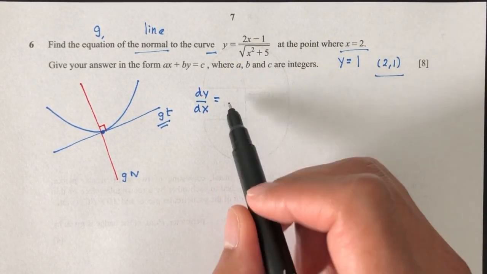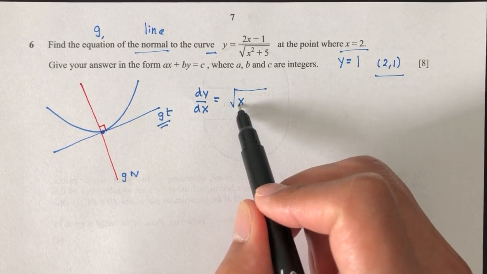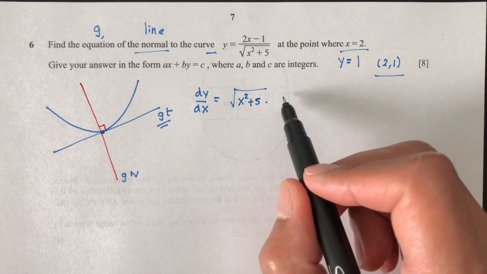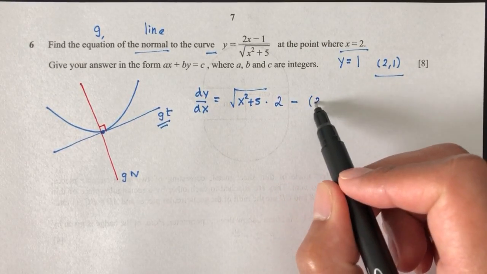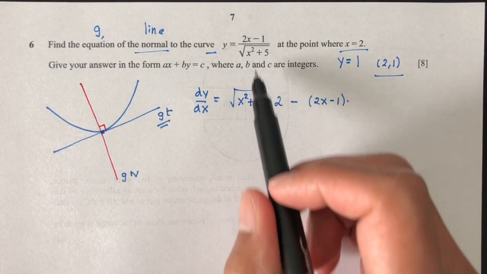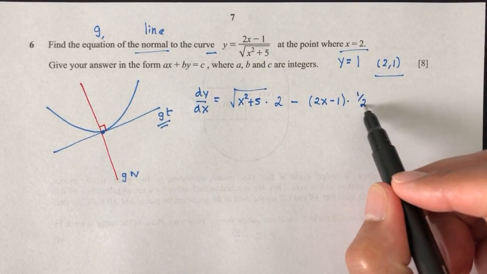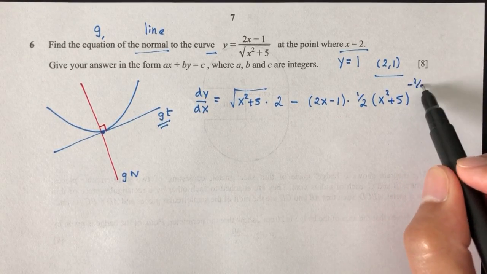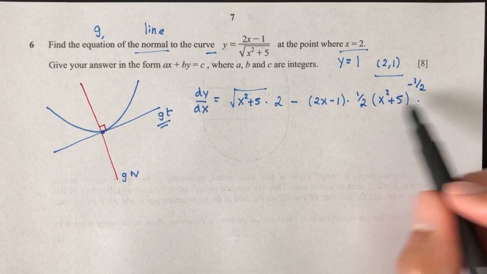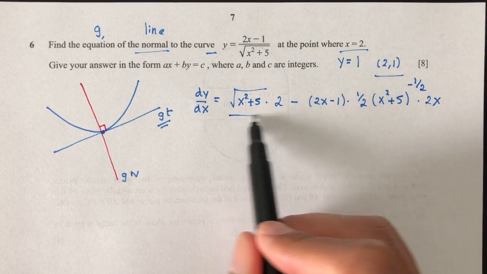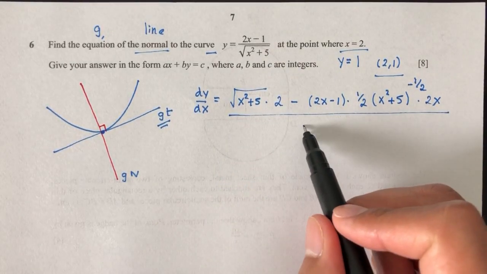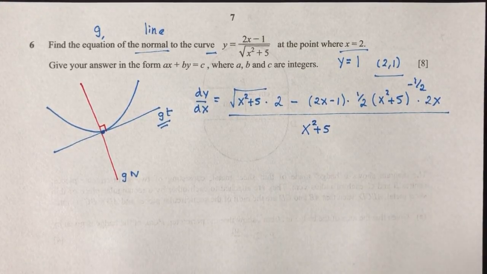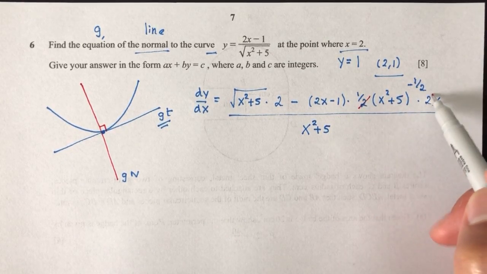So first step, that will be the same, (x squared plus 5) multiplied by dy by dx of this, that will give me 2, minus dy by dx of this one, that will be half (x squared plus 5) to the minus half, times 2x, divided by the square of the bottom, that will become x squared plus 5. So simplify. So this goes away, this goes away.